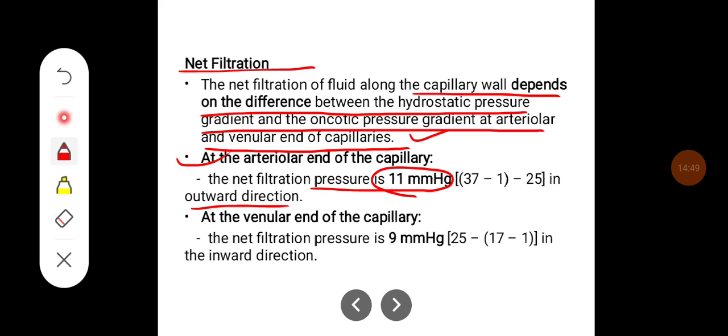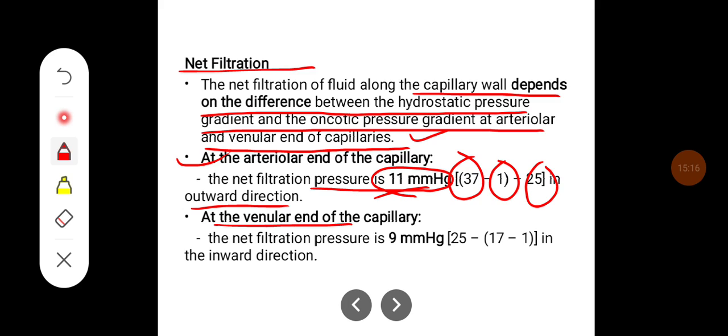That is because the hydrostatic pressure at the arterial end is 37 mmHg, and the osmotic pressure is around 25 mmHg, and this is the interstitial pressure at the interstitium. So the total outward pressure is 11 mmHg.